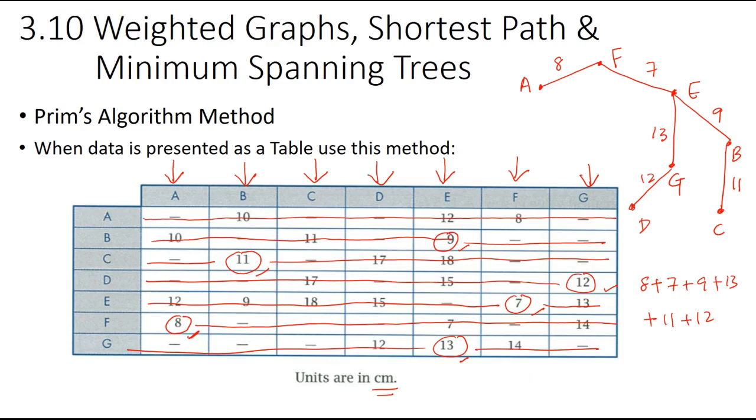The total here will be 20, 30, 40, 45, 50, 60. So the minimum spanning tree, the total distance here will be 60 centimeter.